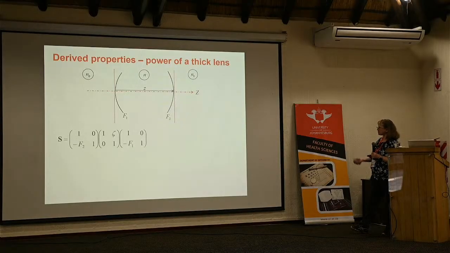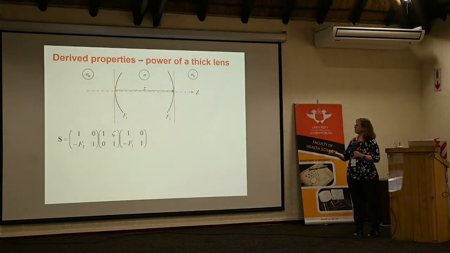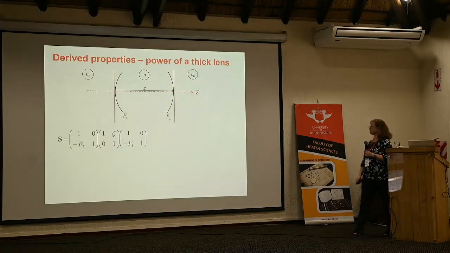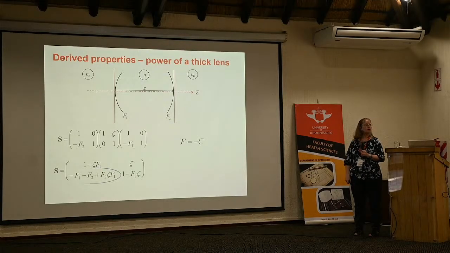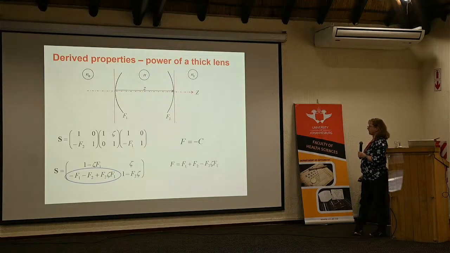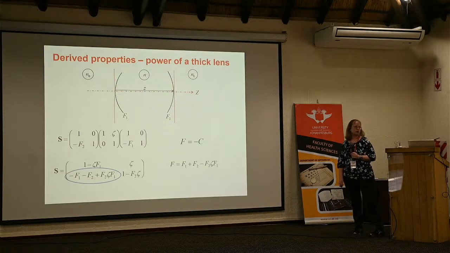To obtain the transference, we multiply in reverse, starting with F2, then our reduced distance, and then F1, remembering the minus signs. Multiplying that out, we look at C in particular, and that should already start to look familiar, remembering that F is equal to minus C. If we substitute in, we have the familiar thick lens equation.